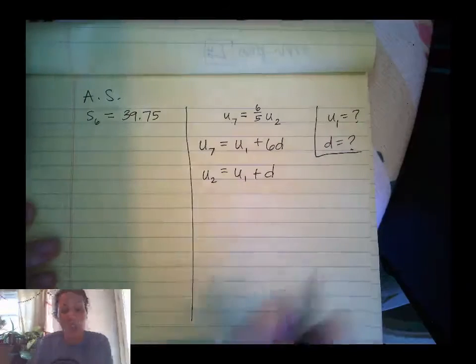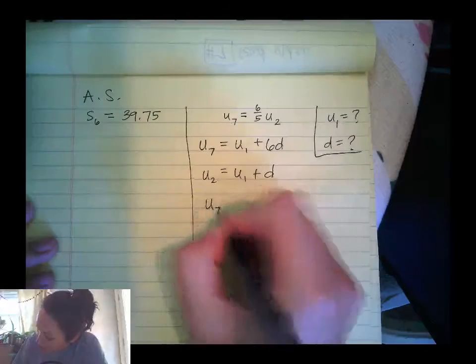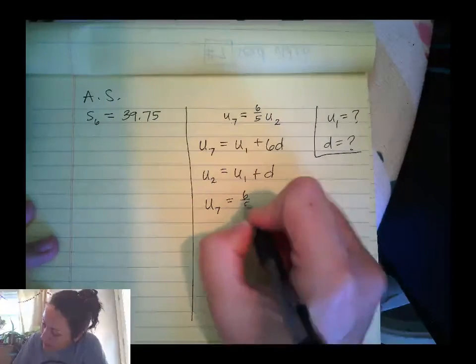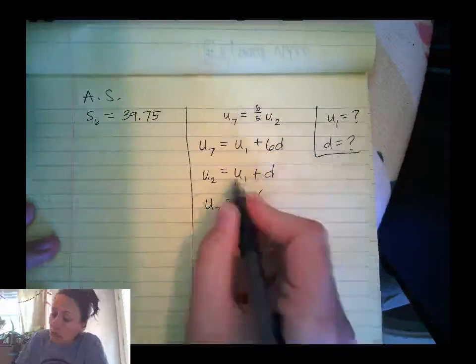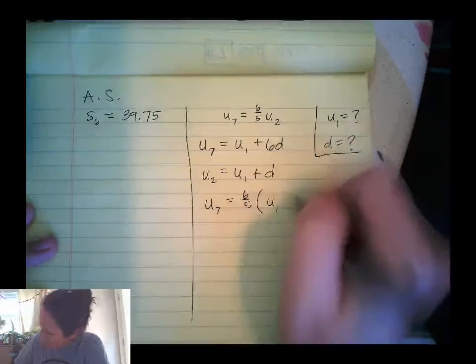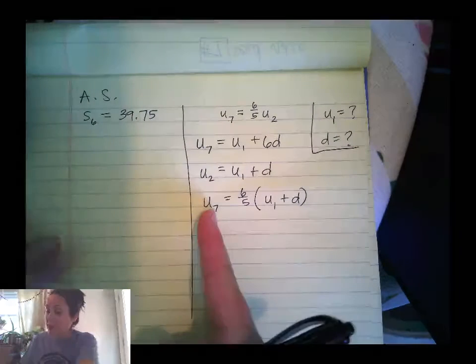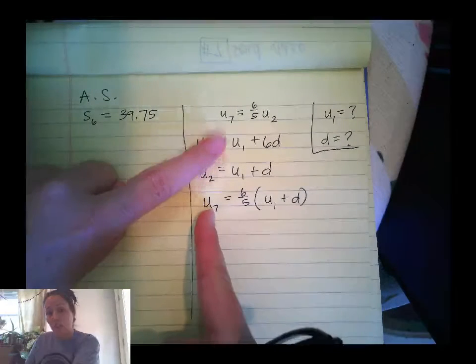I'm now going to put all of that together. U sub 7 is equal to 6/5 of U sub 2, which we rewrote as U sub 1 plus D. U sub 7 is also equal to U sub 1 plus 6D.